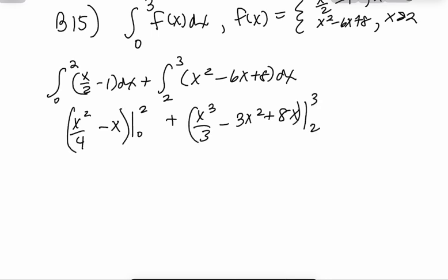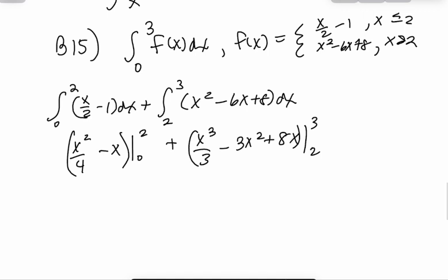Okay. So you're just going to plug in those boundaries. If I plug in 2, I get 1 minus 2. If I plug in 0, I do get 0. It's a good idea to write that just in case you don't always get a 0. Okay. Now, for the second one, we just have a little more work to do, but it's not super hard.